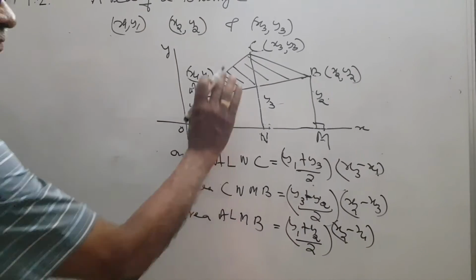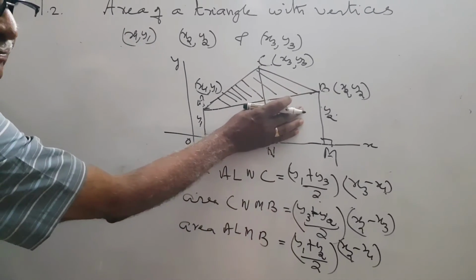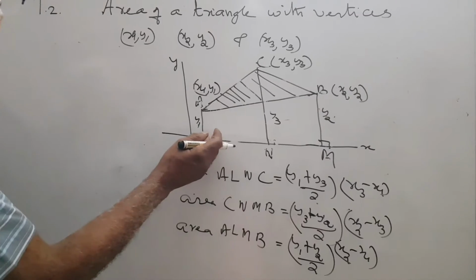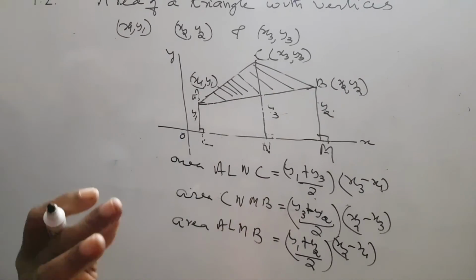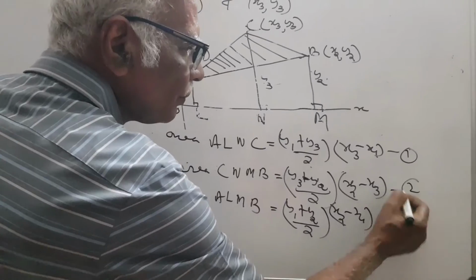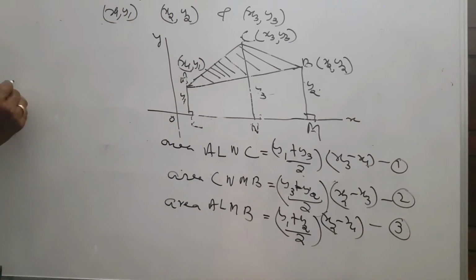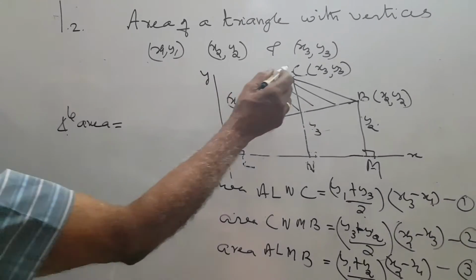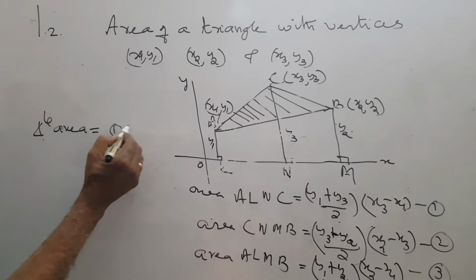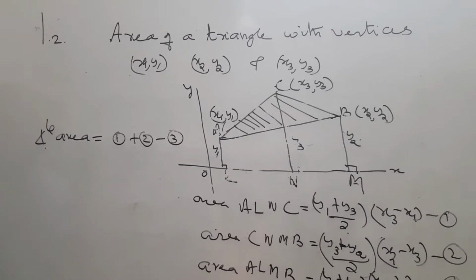Now here, we add this with this and take away this. So when you add these two, you get the whole thing, but you have to remove the balance. So this will be removed. If this is 1, this is 2, this is 3, the area of triangle ABC will be 1 plus 2 minus 3.